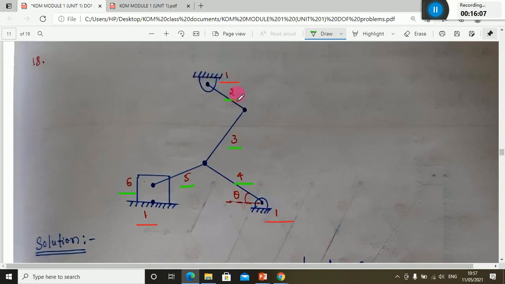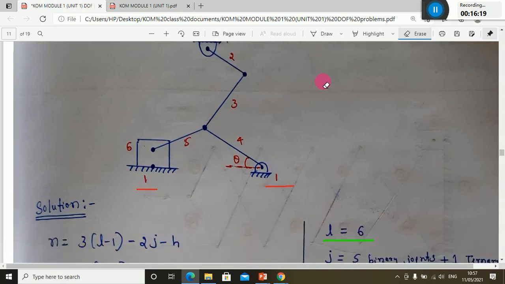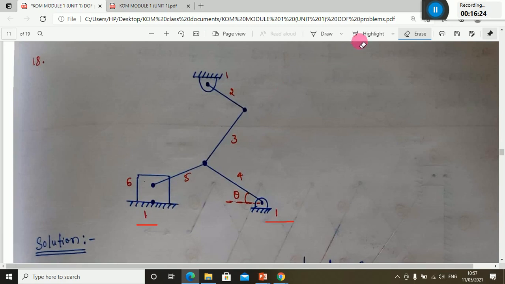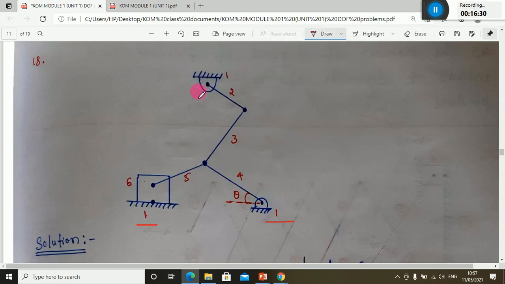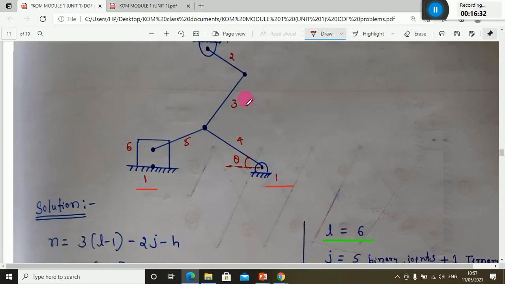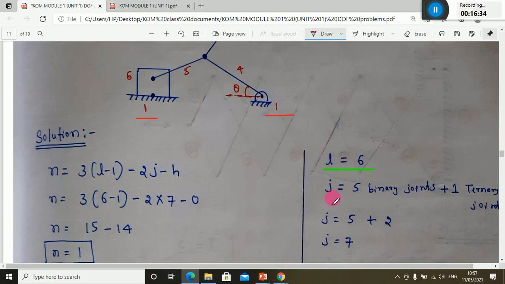So can anyone tell how many binary joints there are? Try once again. 5, sir. Correct. Just wait, I'll explain how. There are 5 binary joints.